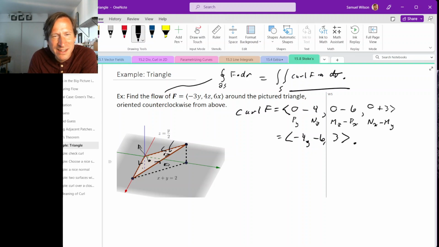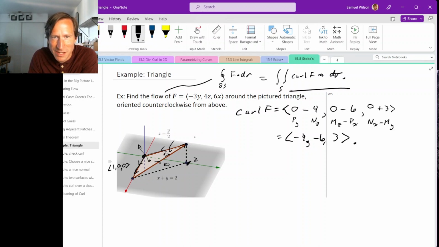Since it's a plane, we can see it contains the origin. If we go in the x direction, we can go any amount in the x direction and we end up on this plane. And that's the vector 1, 0, 0. If we start at the origin and go out towards this point up here, this is 2, because x plus y equals 2, so when x is 0, y has to be 2.